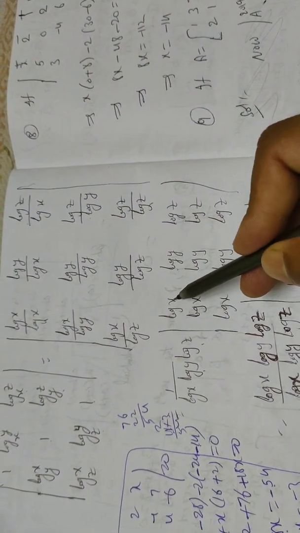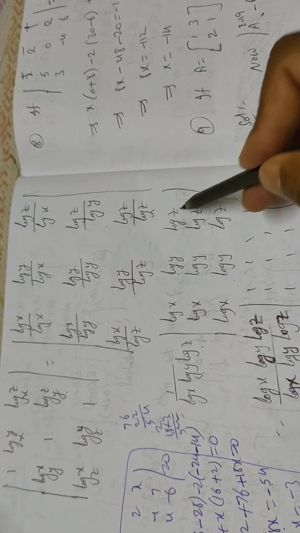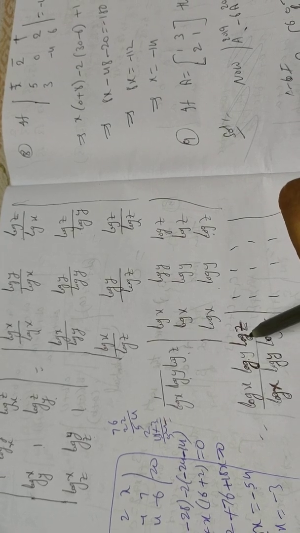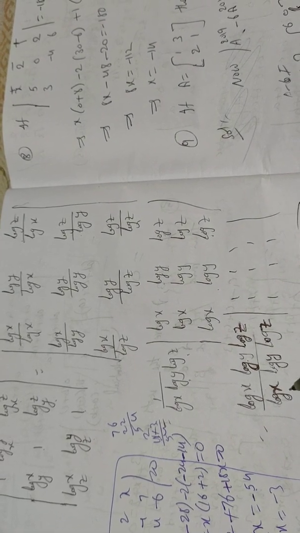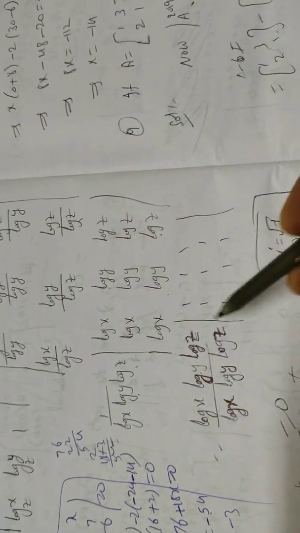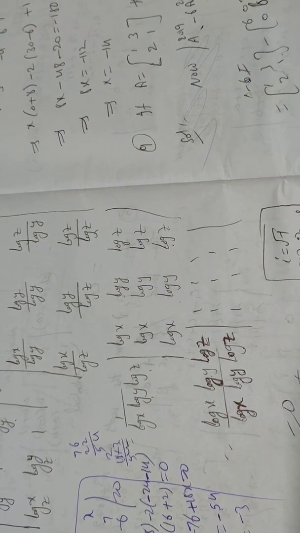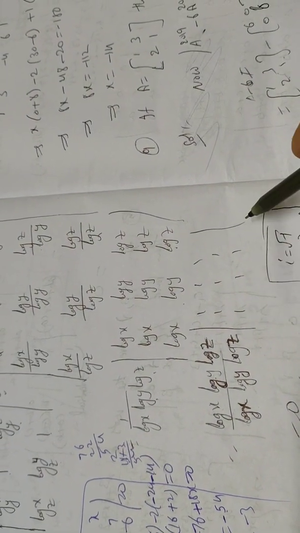Again, this log x, log y, and log z also take outside, so in the numerator log x, log y, log z by log x, log y, log z. The remaining entries are all 1. So if at least two rows or two columns are identical, then the determinant is equal to 0. Here all are identical, so the determinant is also equal to 0.